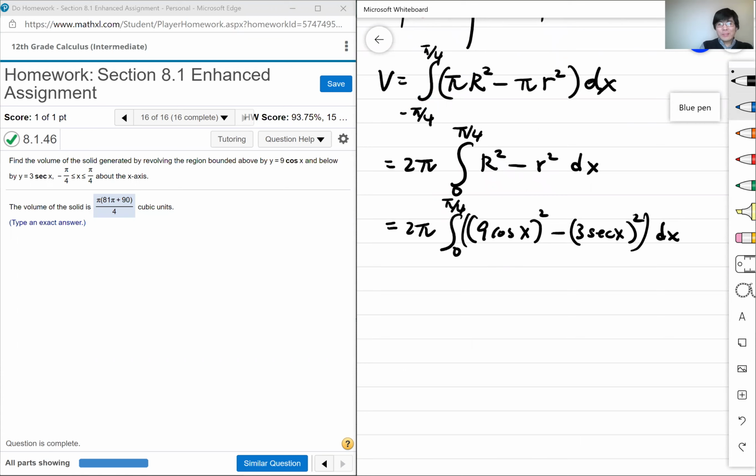So this problem is basically asking for the integral of cosine square and the secant square. The antiderivative of secant square is tangent x. So this one is done.